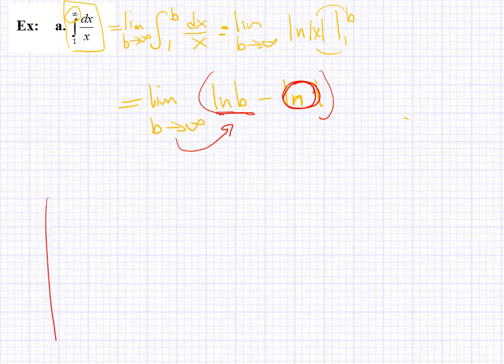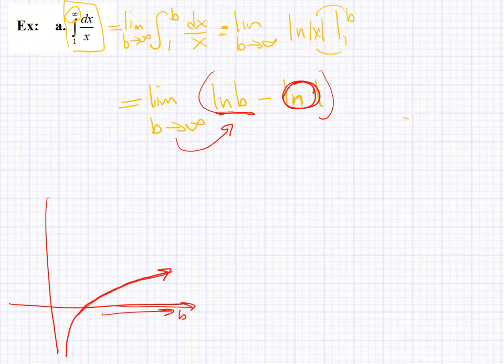Well, if you know what the graph of the logarithm looks like, and we all should, we should easily be able to see that as b goes to infinity, or x, whatever you want to call this axis, the function itself is going towards infinity. And so you would get infinity minus 0, which is infinity. Well, when you get a limit equal to infinity, what does that tell you? It basically tells you the limit doesn't exist.